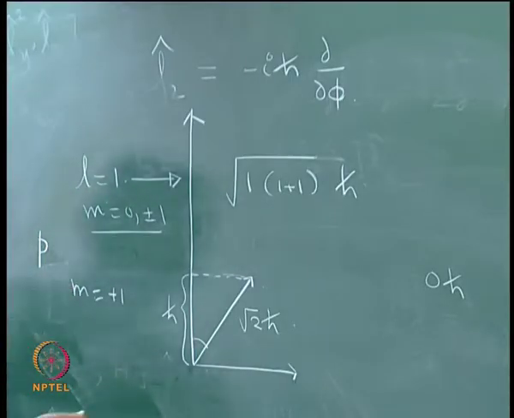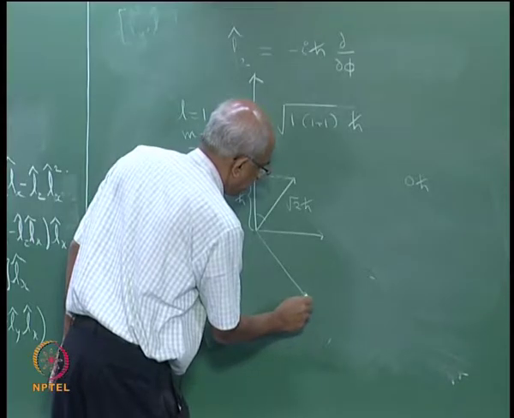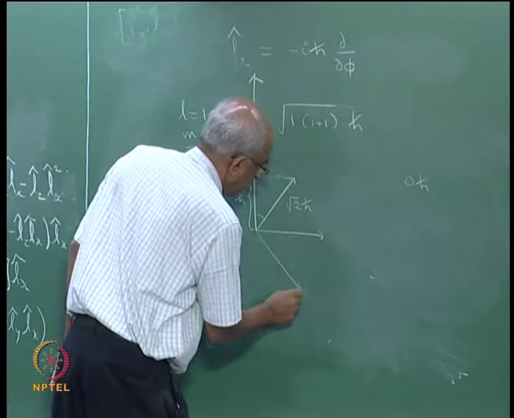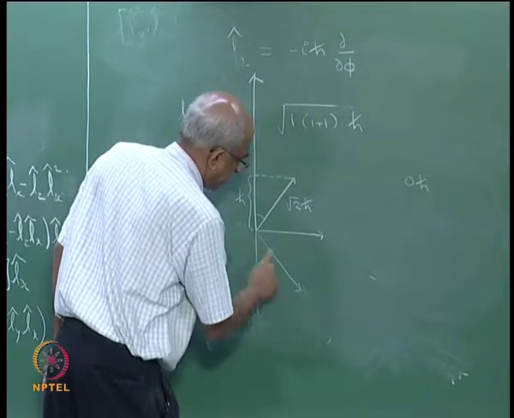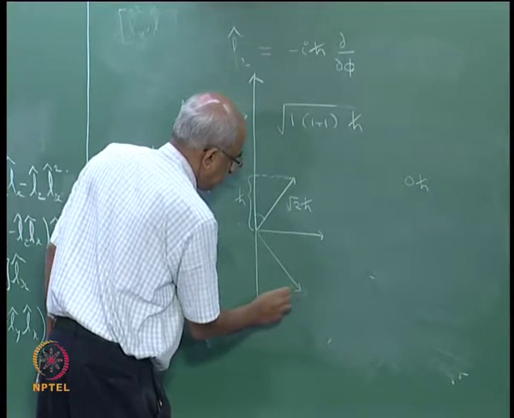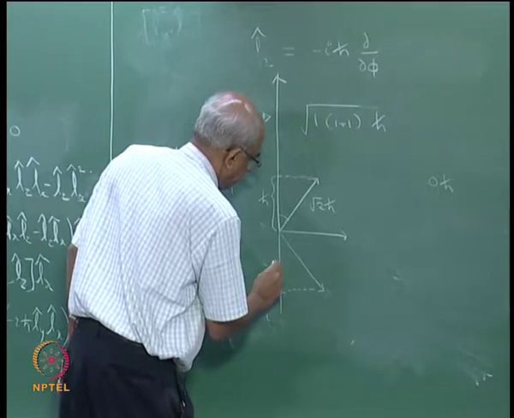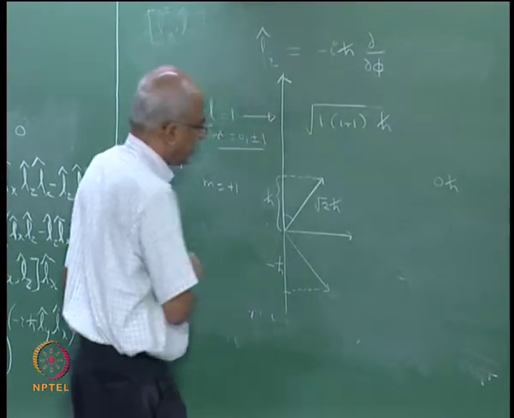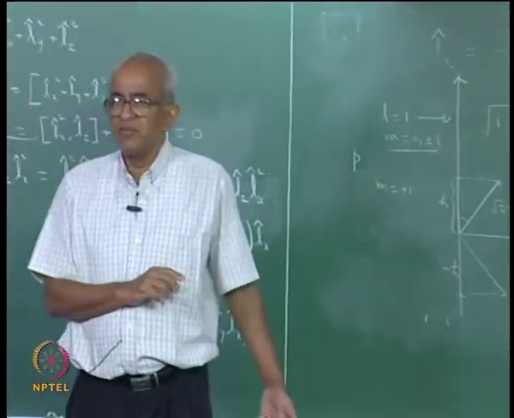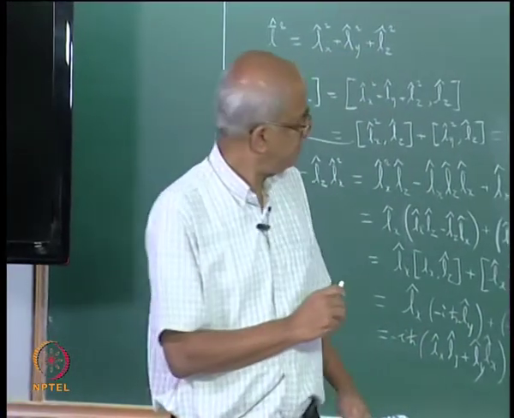And if you say m is equal to minus 1, what does it mean? This is actually meaning that it is pointed downwards such that the z component of the angular momentum vector is now minus h cross.